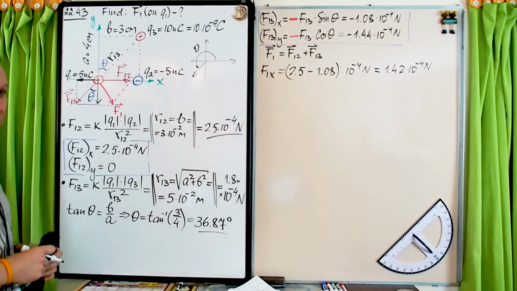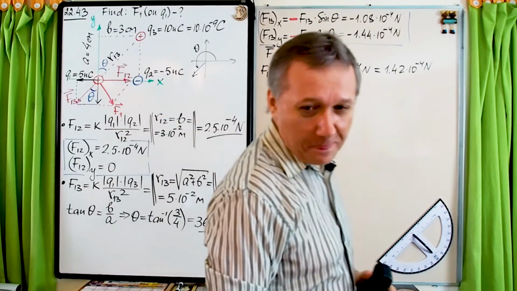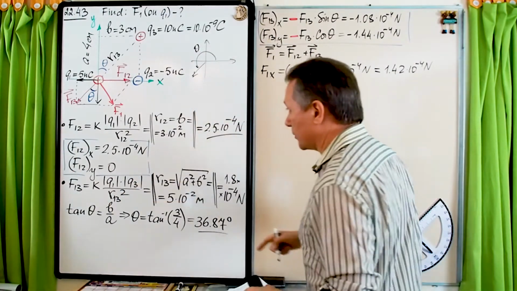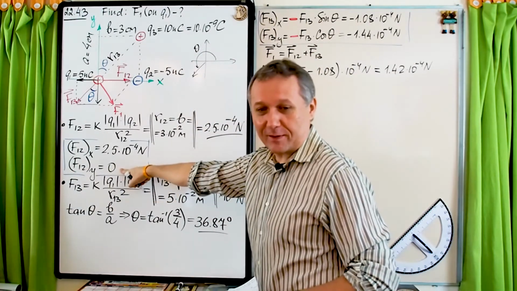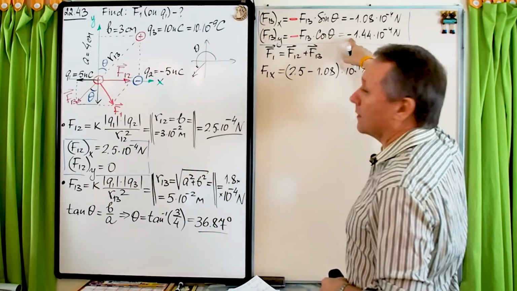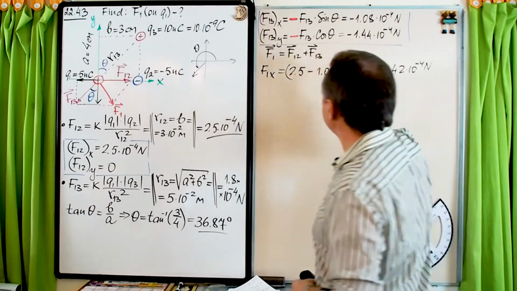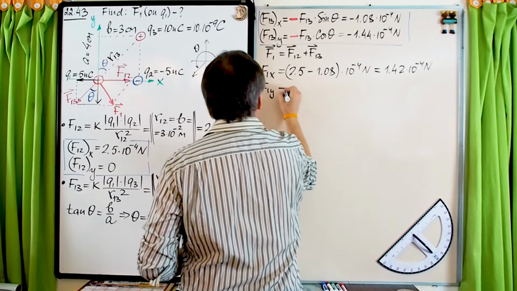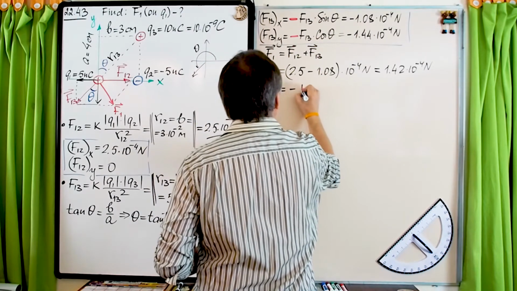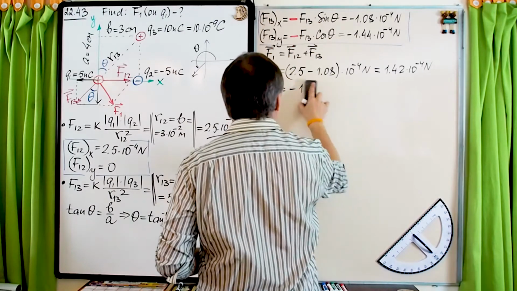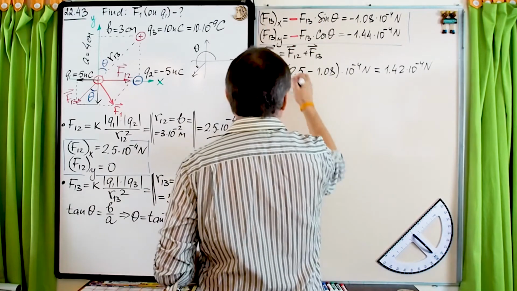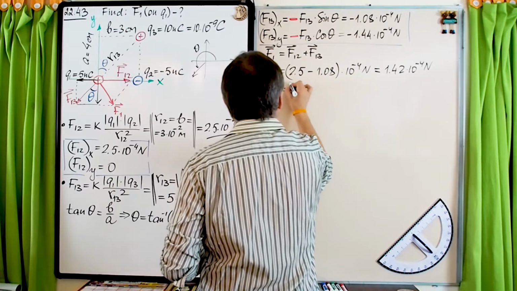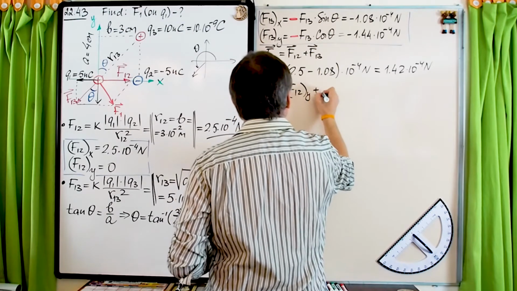Now let's do the y component. The y component is trivial because this is 0, so pretty much the whole component comes from this. So F1y will be F12y plus F13y, just adding components. I should have written the same over there.